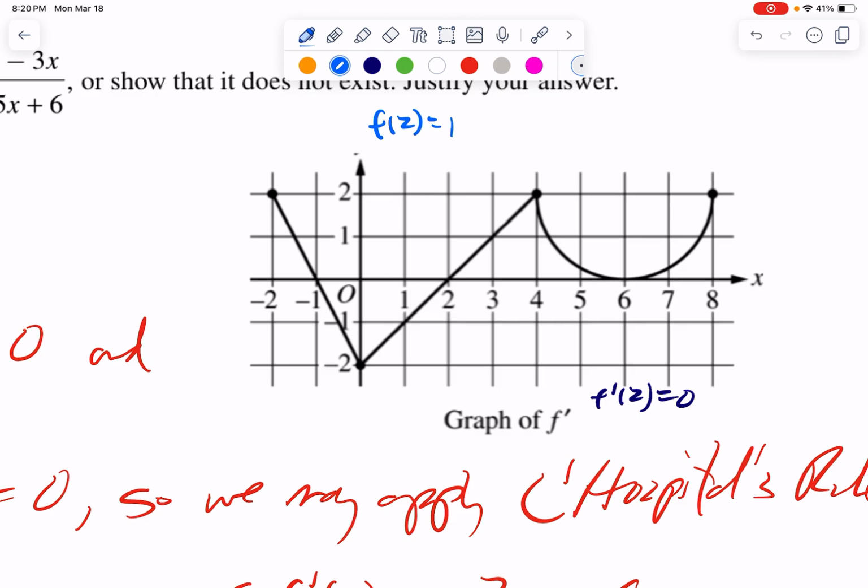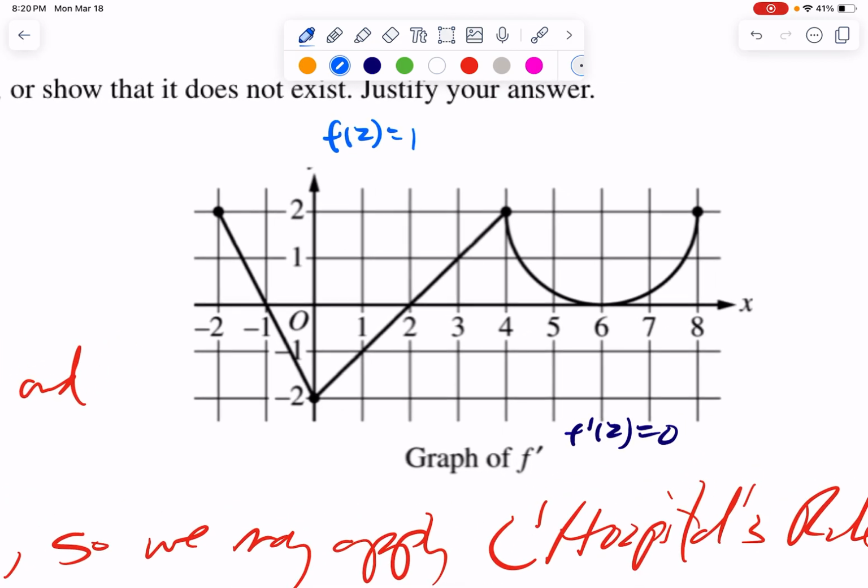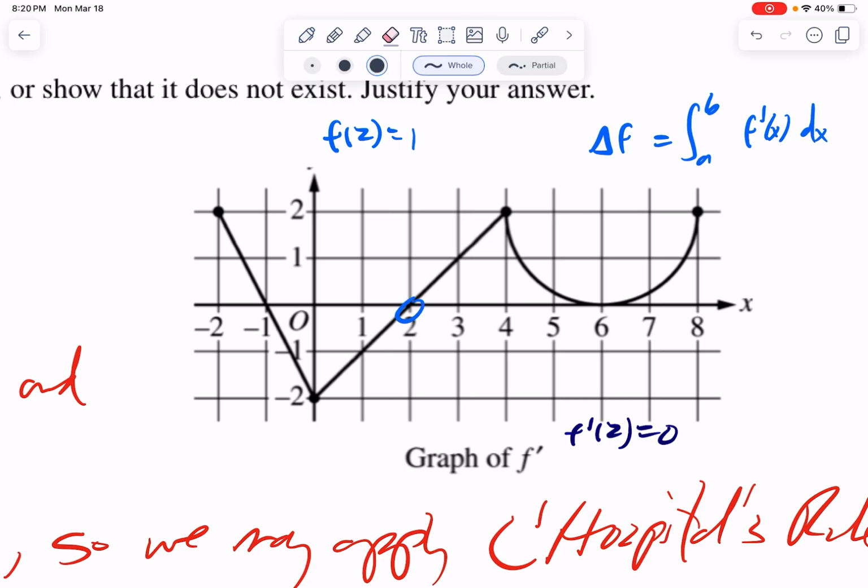So what we can do is use the fundamental theorem of calculus, aka the net change theorem. The change in f is the same as a definite integral of f prime. If I want to know how much f changed, I can take a definite integral. And we know the value at 2, so we can just measure backwards and forwards from 2.